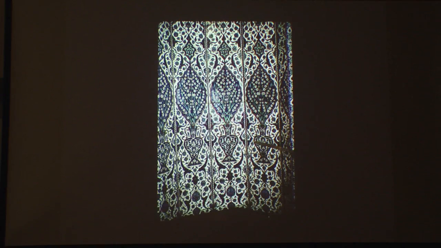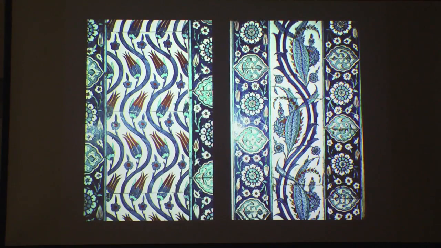But the tile work still, if you look at it in detail, is the glory of this building, as in the mihrab, for instance. You have a number of repeated panels in the mihrab with a flowering vase as the main motif and arabesques above and below it. And you also have in these details a number of just wonderful designs.